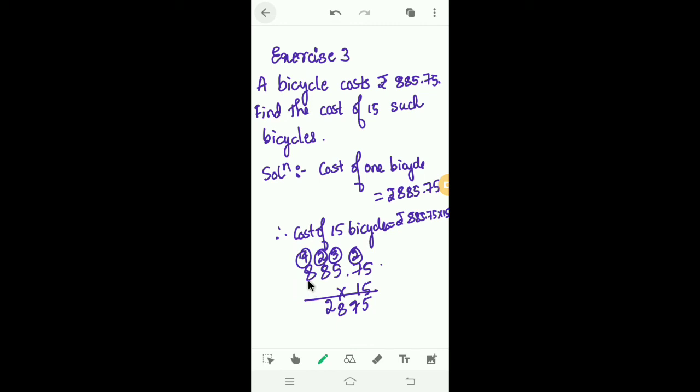Next 5 8s are 40, 40 plus 4 is 44. Next 1 into 5 is 5, 1 7 is 7, 1 5 is 5, 1 8 is 8, 1 8 is 8.